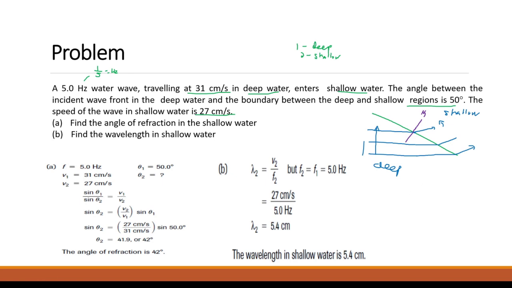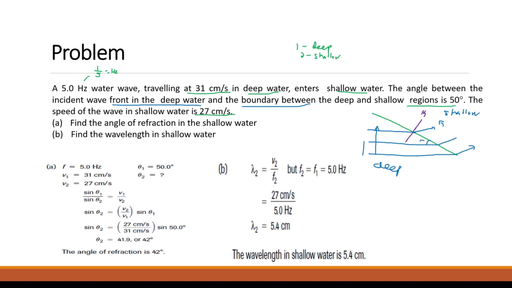So, as for the angle between the incident wavefront in the deep water and the boundary between the deep and shallow regions, that angle is here, between the deep water wavefront, or the waves of the incident wavefront, and the boundary.